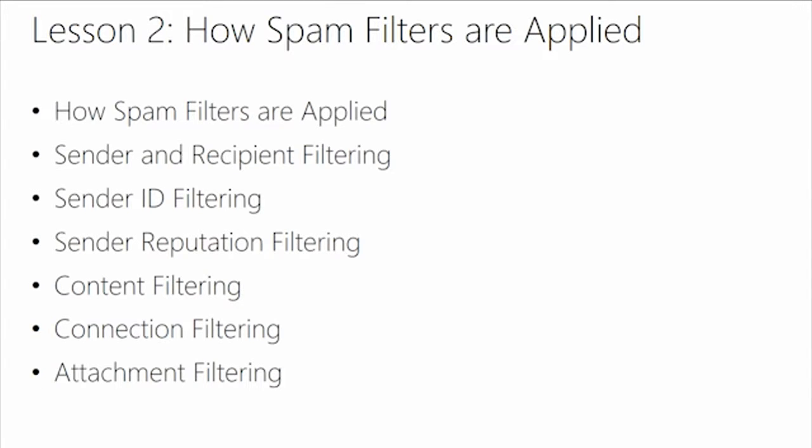Then one of the other options that you have in Exchange Server 2016 is content filtering. Content filtering is of all these mechanisms the most CPU intensive mechanism, because at this stage it's going to scan the content and it's going to look for words and patterns and so on of email messages that look like spam.